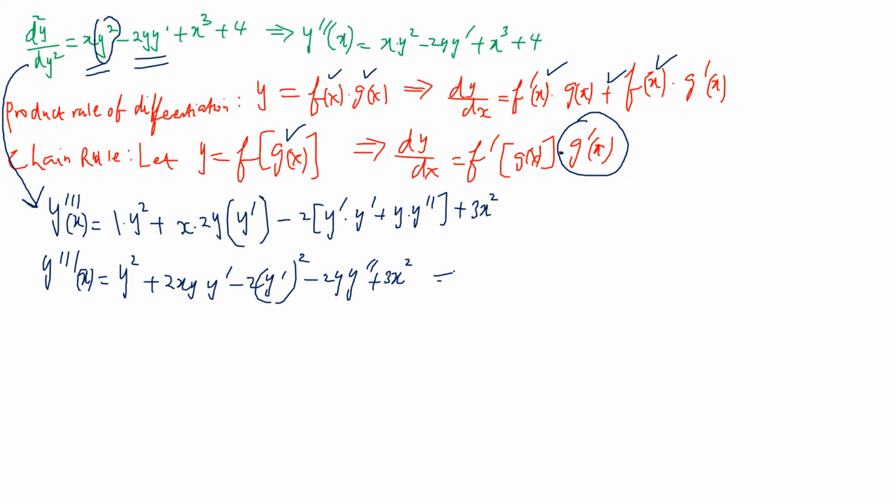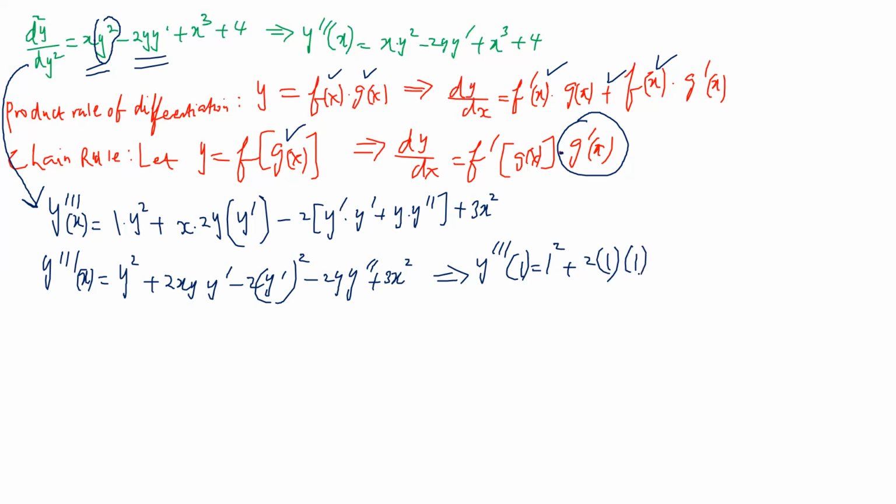Now it remains to just do the substitution to evaluate y triple prime at 1. So y at 1 is 1, from the initial values from the previous page. We're evaluating x as 1 already.